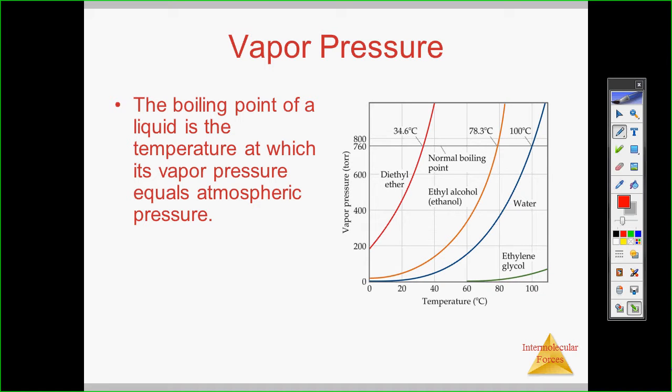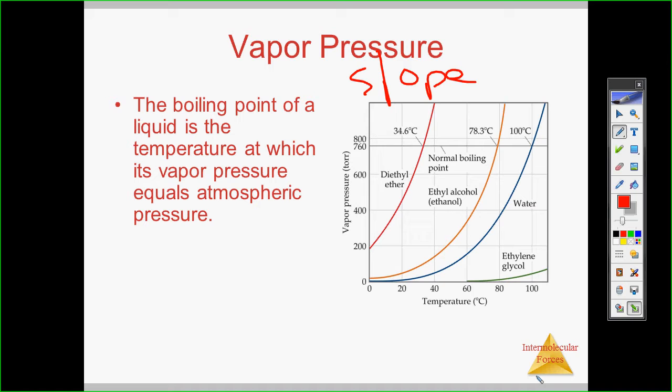Which one do you think is going to boil the fastest? Diethyl ether? Yeah. Okay, why? What else? Steepest curve. All right, the slope, the steepest curve, all those wonderful things, is going to boil quickly.